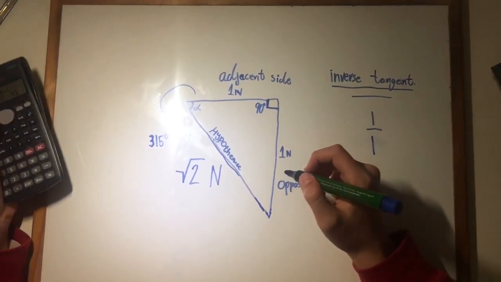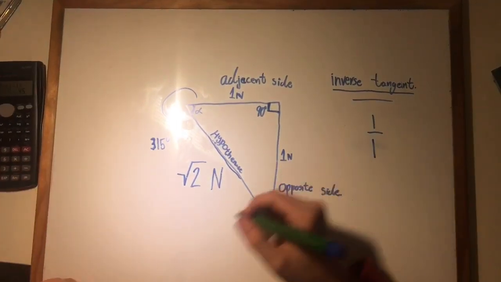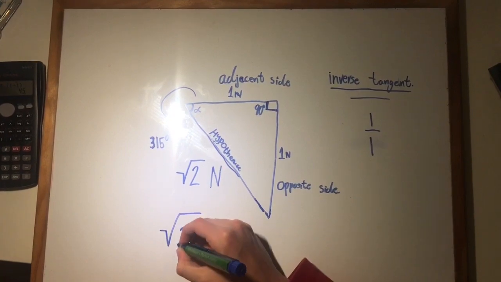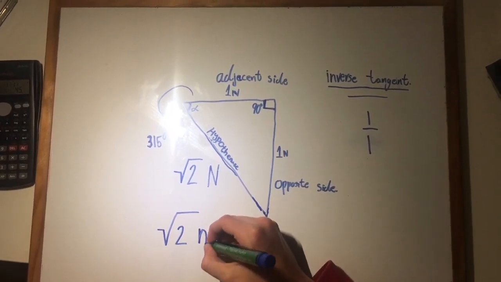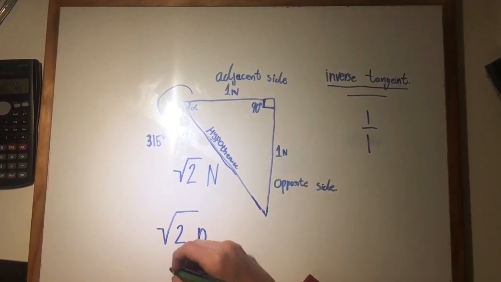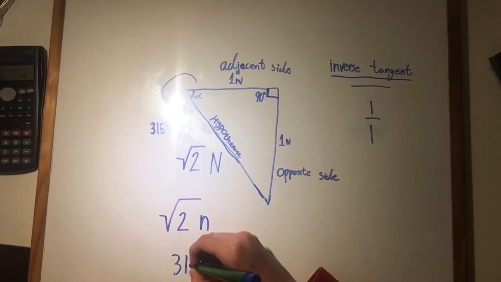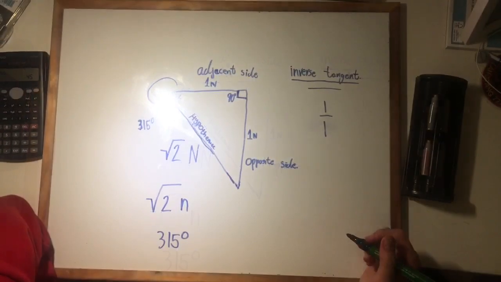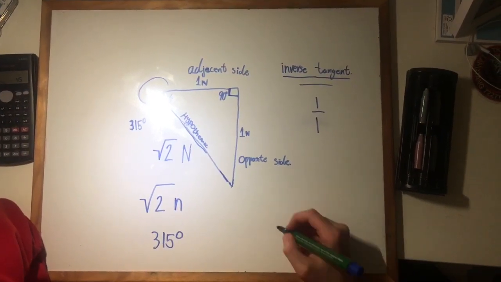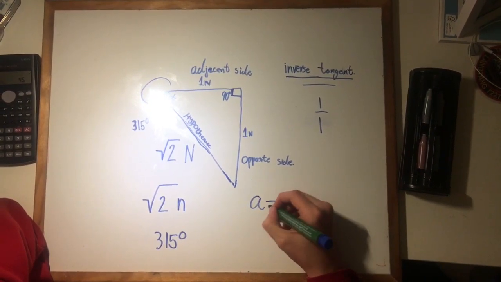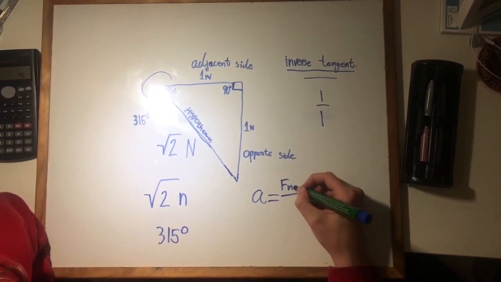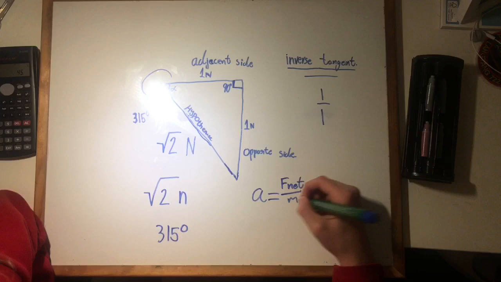So now we have the complete net force of the combination of forces. This is the square root of 2, that's the amount of newtons, at an angle of 315 degrees. Now that the net force is discovered, it can simply be plugged into the equation: acceleration equals the net force over mass.